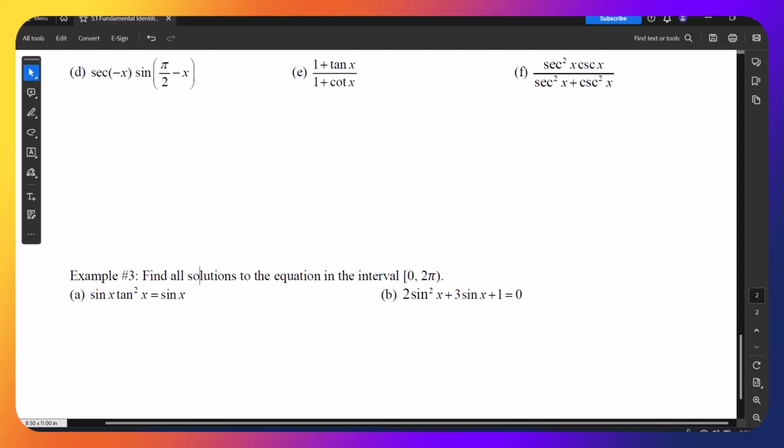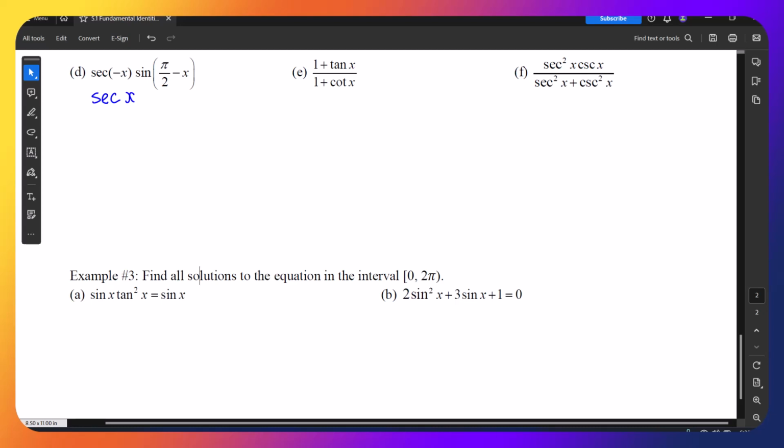Letter D, secant of negative x times sine of the complement of x. So I know secant is even, because it's the reciprocal of cosine. So I can get rid of that negative, because we don't want to deal with a negative probably. And then I know sine is really a cofunction of cosine.